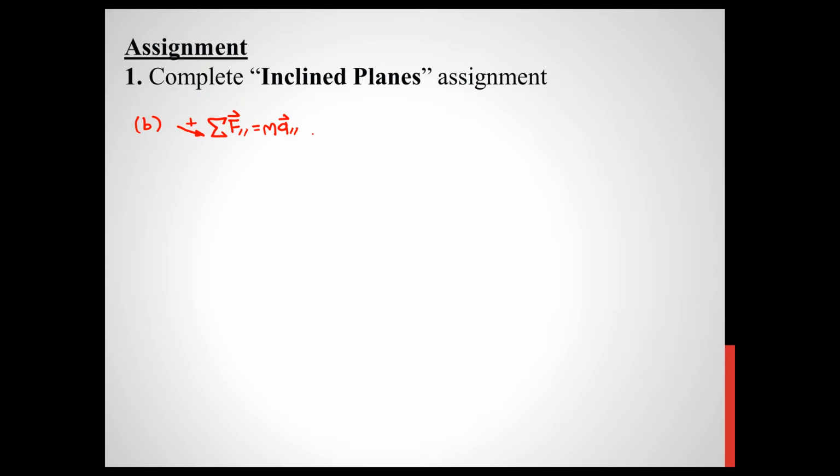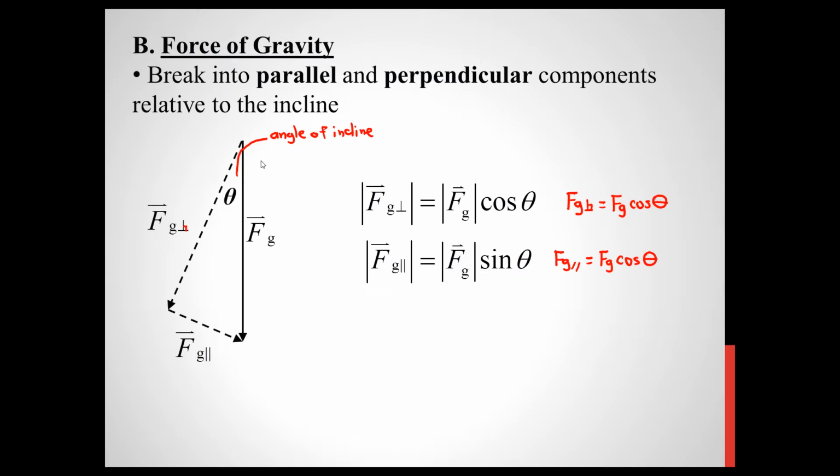Because we have acceleration, that tells me that the forces are unbalanced. So this means, look at the free body diagram, look at the forces in the parallel direction. If the vector points down the incline, it's positive. Up the incline is going to be negative. So let's go back for a moment.